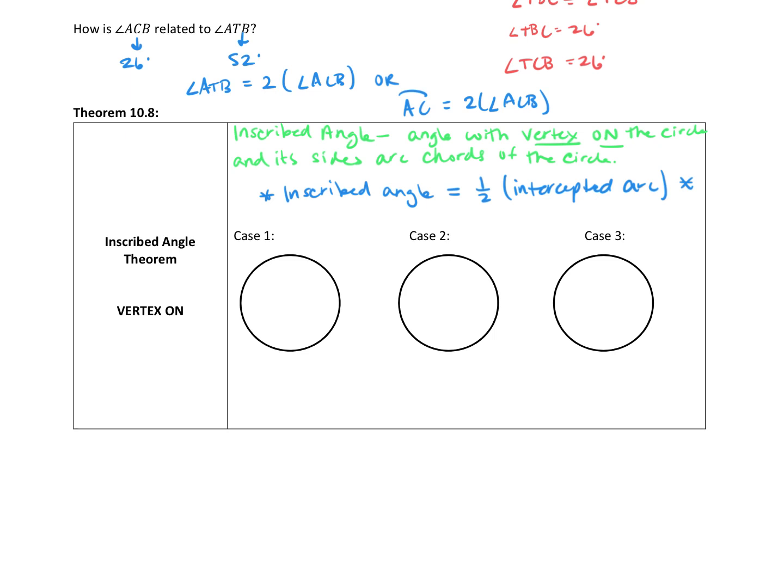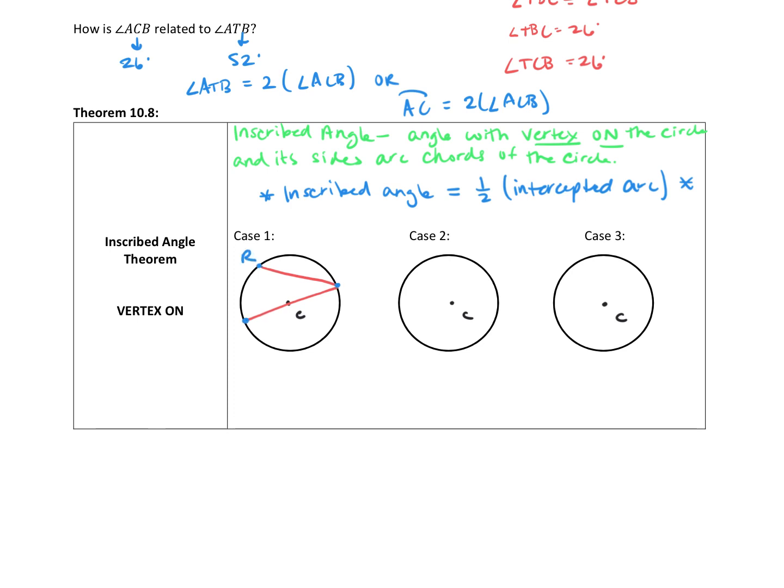All right, so let's look at 3 different cases of what this could possibly look like. We're going to put center C in each circle. Our first case is if we have, we're going to draw on the diameter essentially, and then let's draw over here, and here we have these 3 points.